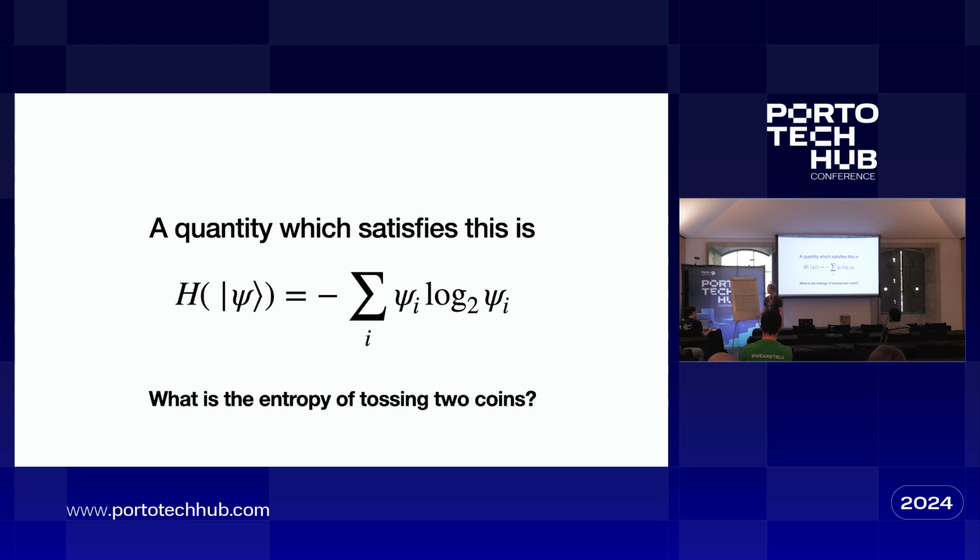We have a sum of 4 terms, each of them has probability 1/4, if they're both fair coins, times log of 1/4. This is negative 2, so that cancels with the minus sign out the front, and we get 2 bits, okay? So now I think you're convinced that this definition makes sense, no? It seems to make sense for how we measure information in classical computing, no?